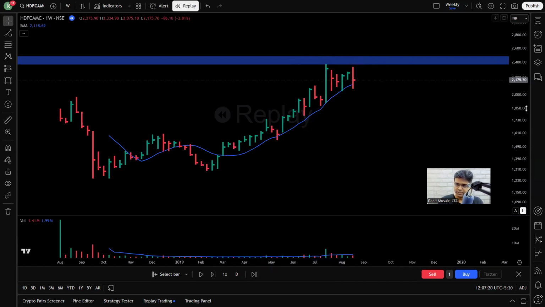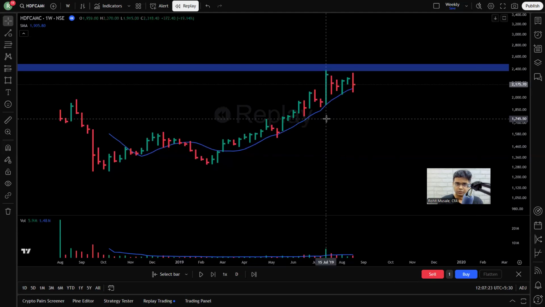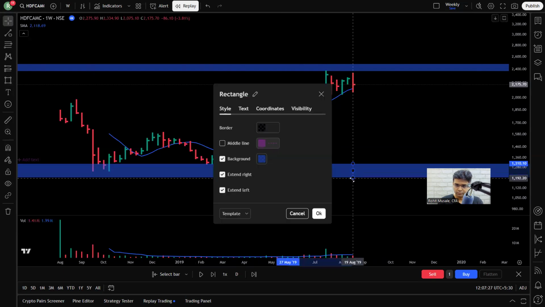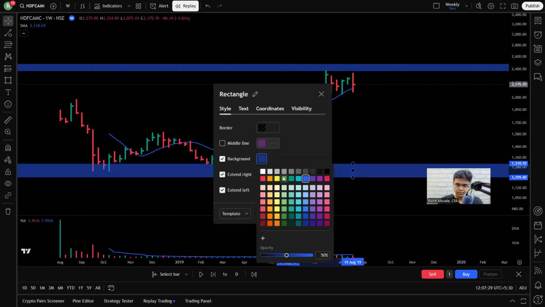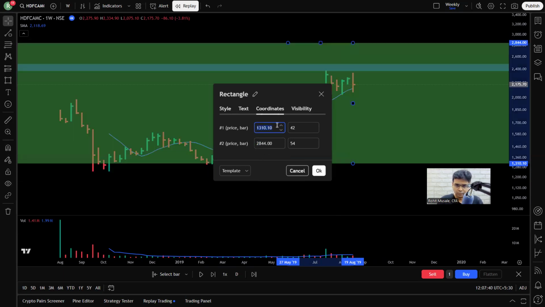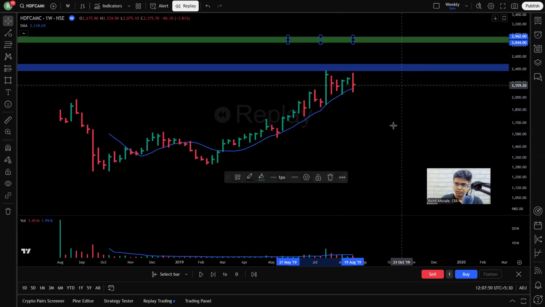Now let's draw the selling range. So 2370, green color, 2370 multiplied by 1.2, 2844, 2370 multiplied by 1.25, 2962. That's the selling range.